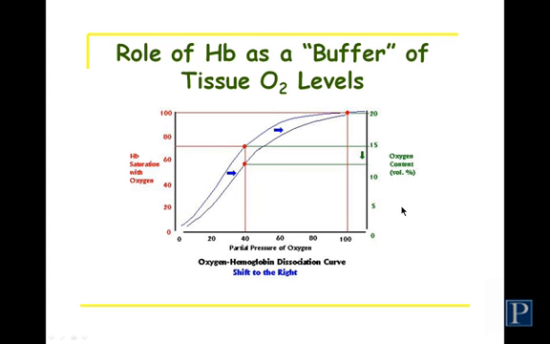The configuration of the hemoglobin molecule can change, which alters its affinity. This one up at the top represents the normal hemoglobin molecule under normal conditions. But under certain conditions, there can be a shape change in the hemoglobin molecule. So if we look at the curve, in this case, it's been shifted to the right.